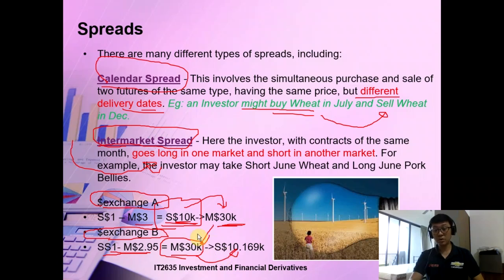You notice the difference over here. With your own initial 10K, by playing with the different markets, on the same day I can actually earn $169, in a difference of 1 or 2 hours.